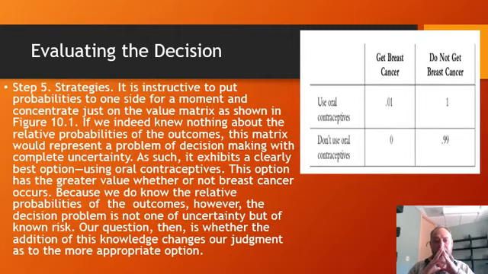So strategies. For the moment, before we add the probabilities, because we do have some knowledge about states of the world, let's think about just the value matrix on its own, without any knowledge. Treat it as a problem of decision making under uncertainty.